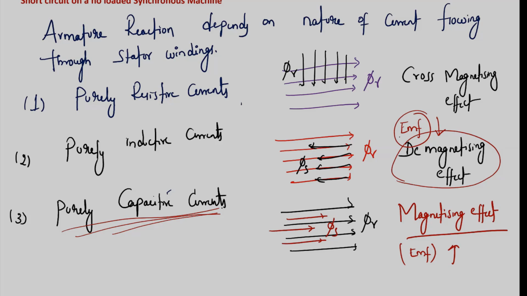That's why there is a voltage boost in the system when the armature windings carry purely capacitive currents. Understand? So these are the three effects of the armature reaction. One thing you have to remember is that when the winding carries purely inductive currents, the stator flux will act exactly opposite to the rotor flux.